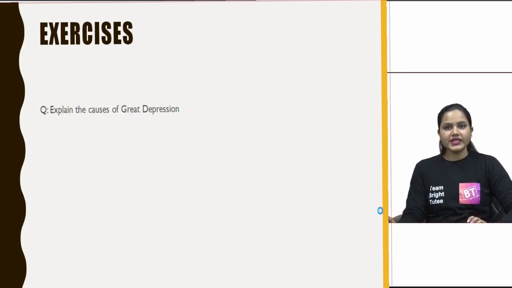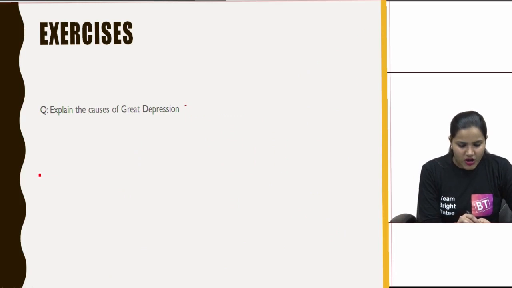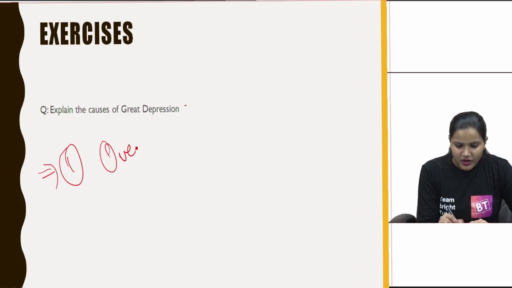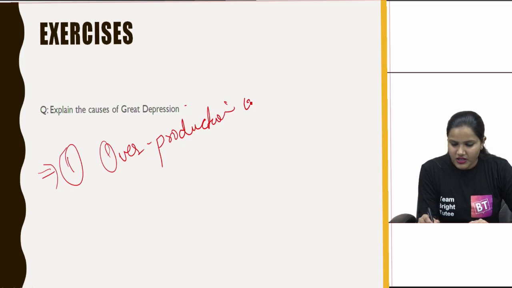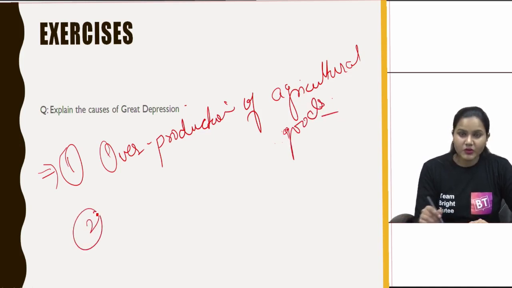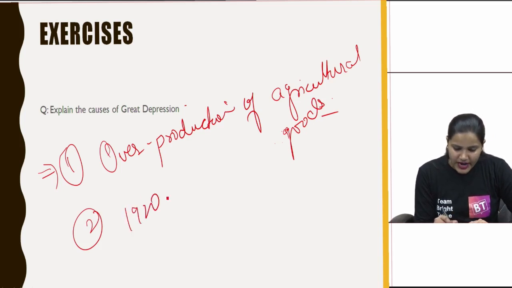Explain the causes of the Great Depression. Here students, talk about the three factors that we have mentioned. The first one was the overproduction of agricultural goods, commodities, whatever, and how farmers were impacted.